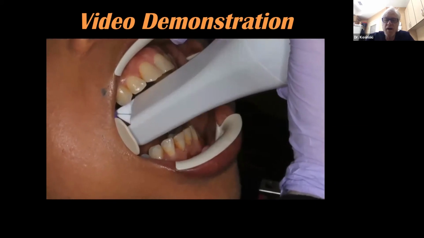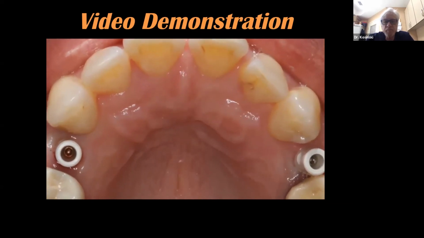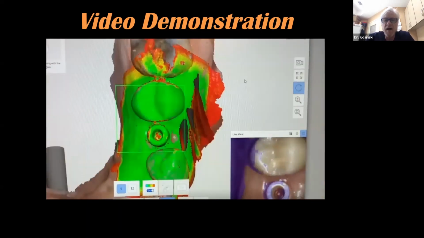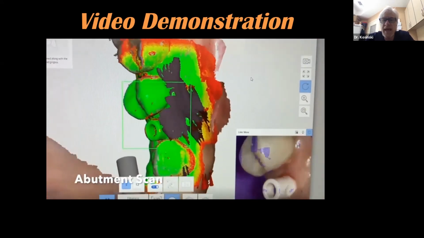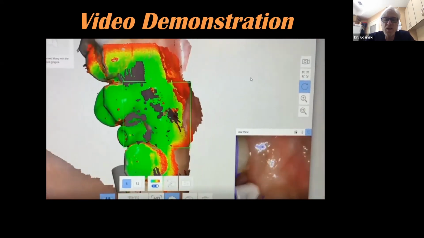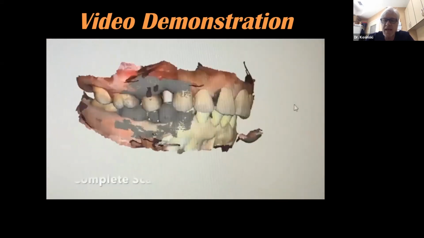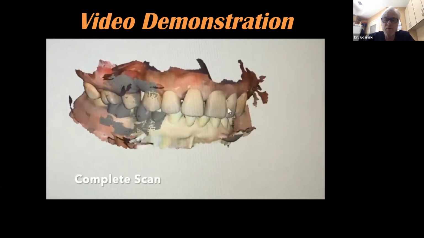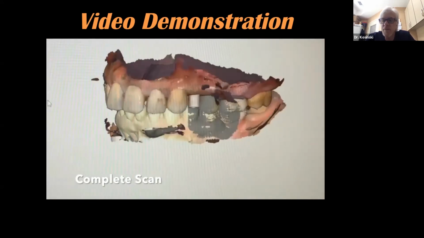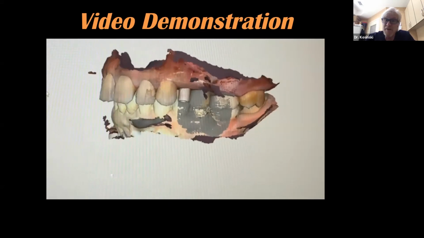Here we'll put our scanning pins in, and we will scan digitally, and we will send this information in this situation to Glidewell Lab. And essentially we can have abutments and crowns or screw retained implant crowns in about 3 days from the dental laboratory. So this is a very, very proficient, efficient, and fun way of doing dentistry.